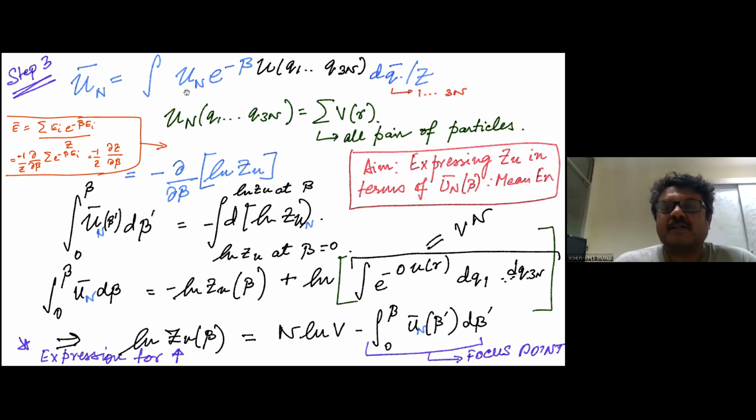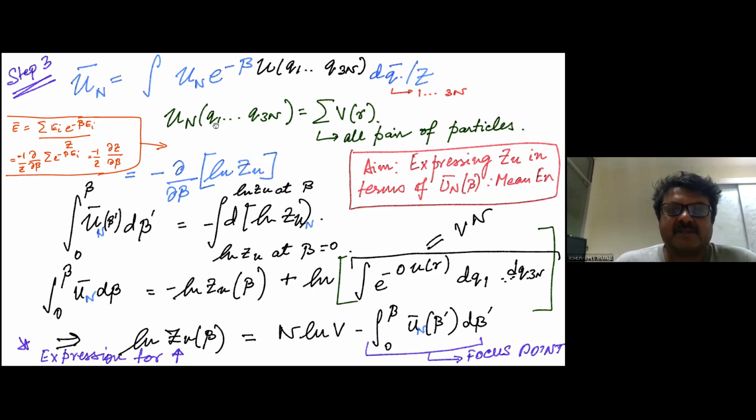So for different combinations of q1, q2, q3, different values of coordinates, the interaction energy will be different. That will change the probability of acceptance, but it will also change the energy of the system. For different coordinates, you will have different values of U, and it will be suitably weighted by e to the minus beta U over ZU.